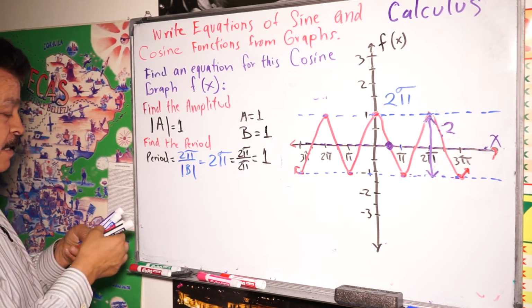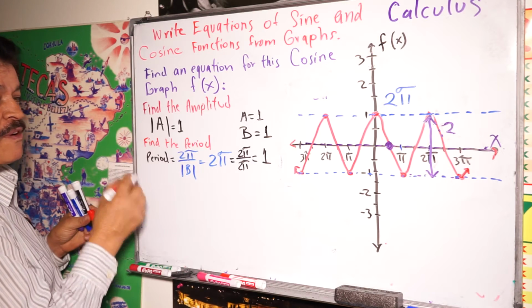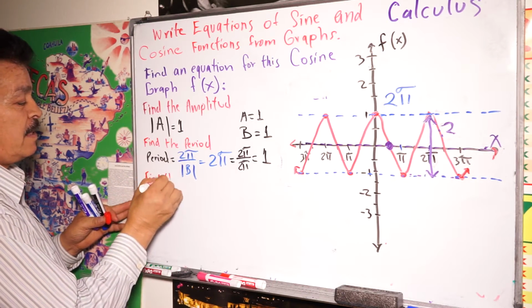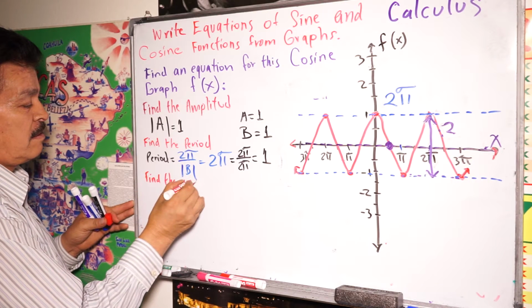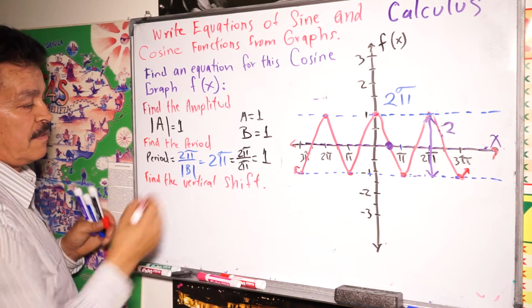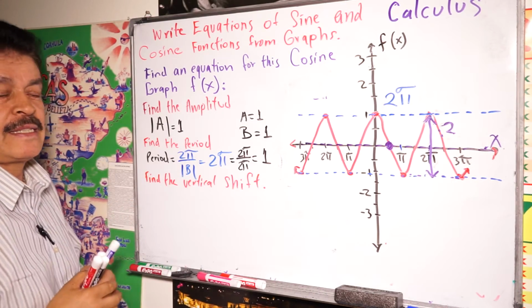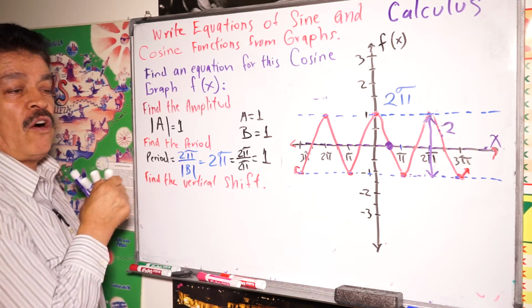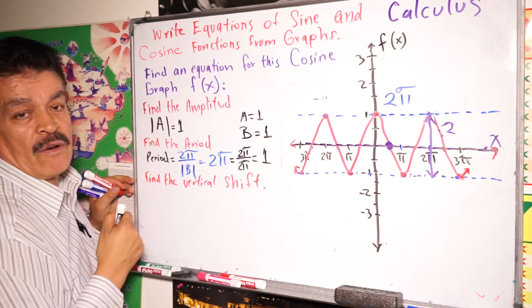Okay. The third thing, find the vertical shift. The vertical shift is the middle line. Look, this is the middle line of the graph.